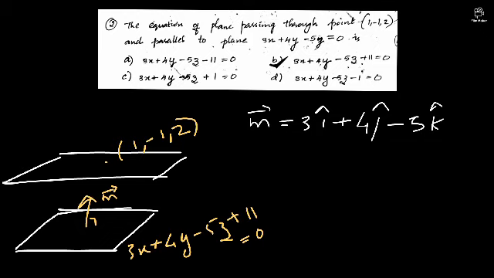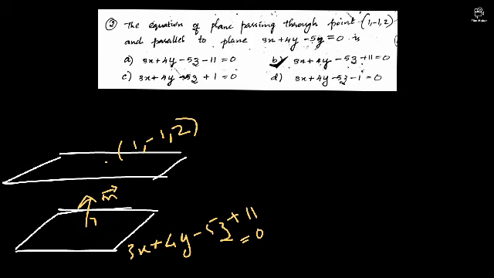The plane which we want to find is parallel to this 3x plus 4y minus 5z plus 11 equal to 0 plane. So it will be like this, and it contains the point (1, -1, 2). The normal vector of the given plane will also be normal to the plane we want to find.